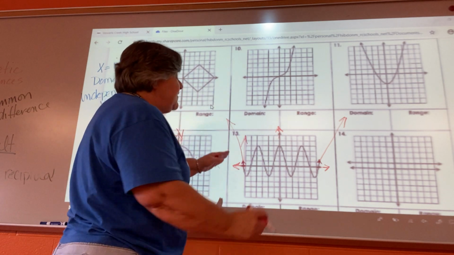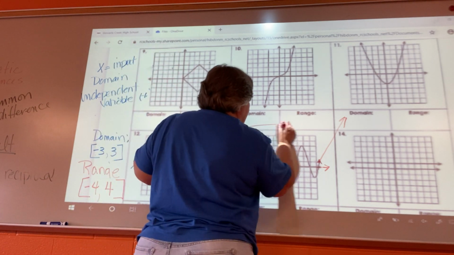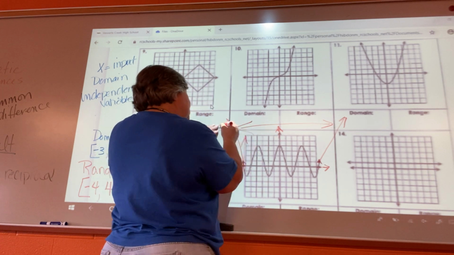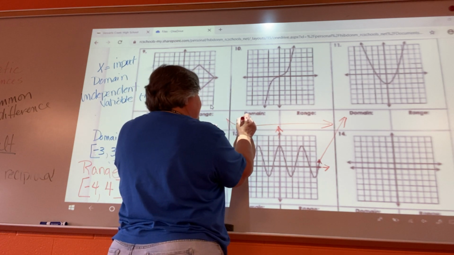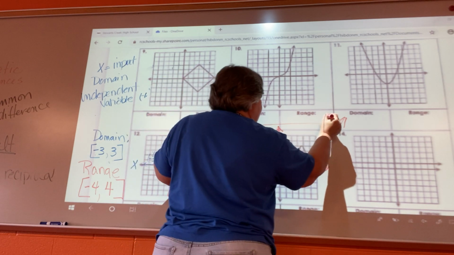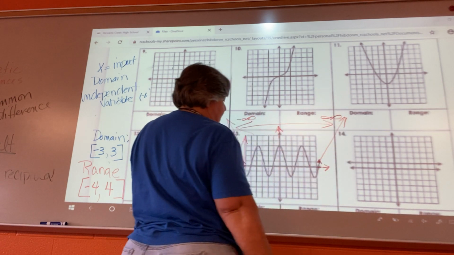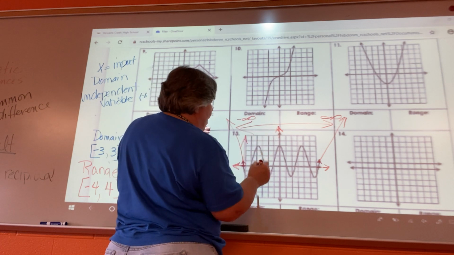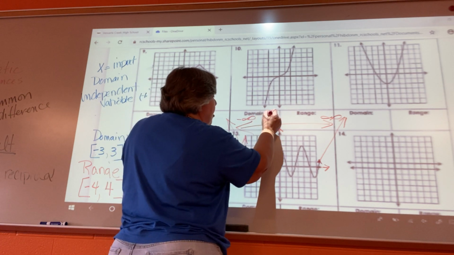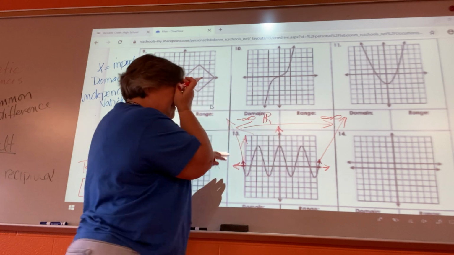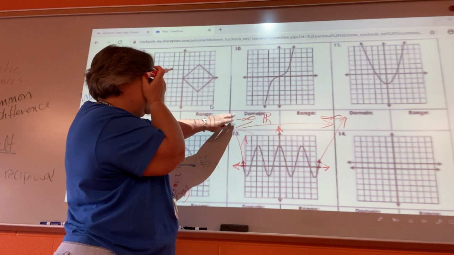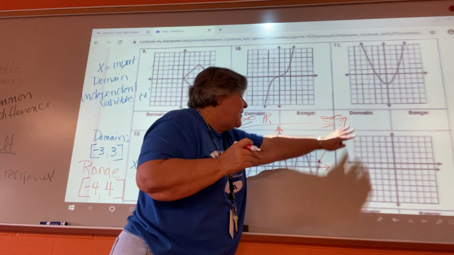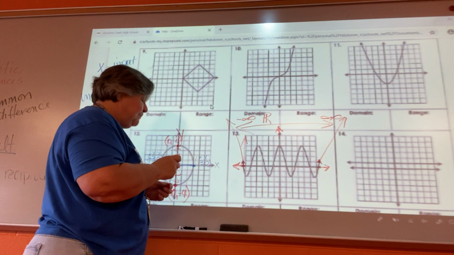So for your X values, it goes all the way this way and all the way this way. This way on the left is negative infinity. This way over here is positive infinity. So you should know that your domain for this one should be all real numbers, because it goes to negative infinity to the left and to positive infinity on the right.